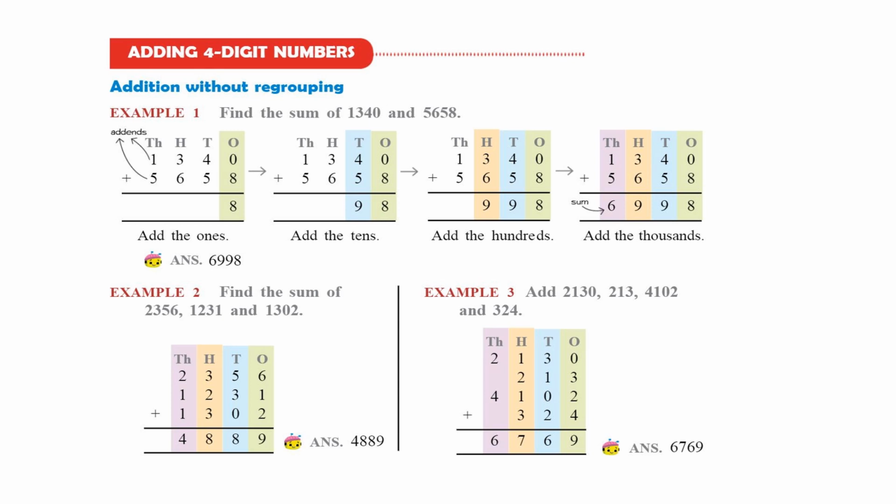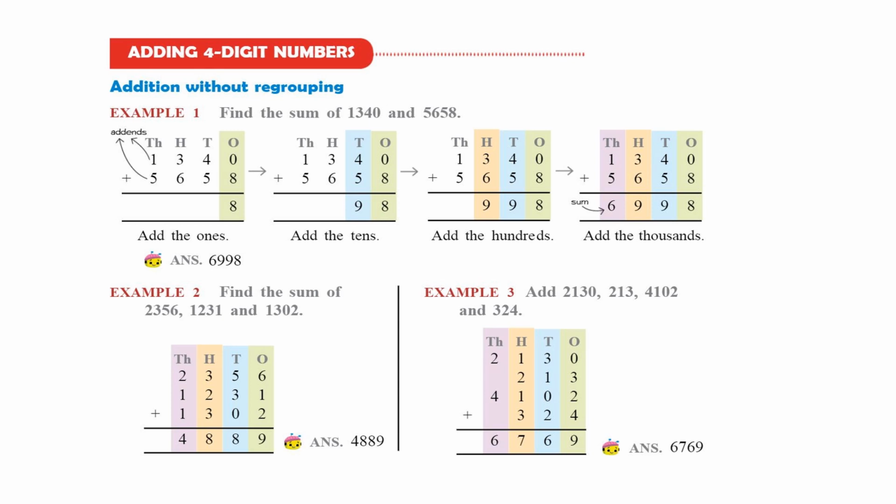Here we have 8 plus 0. Any number added with 0 is the same number, right? So 8 plus 0 is 8.